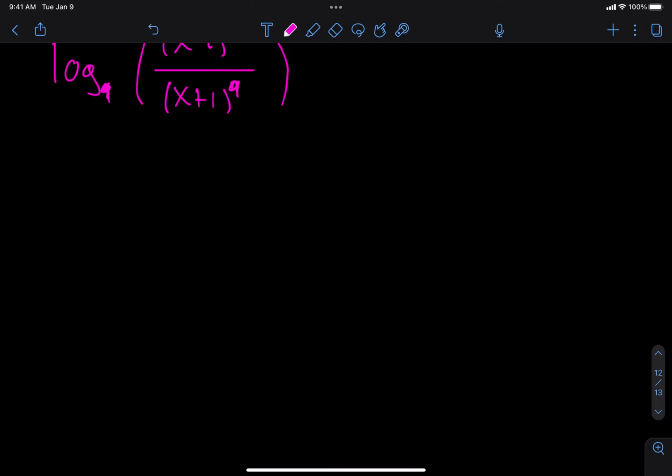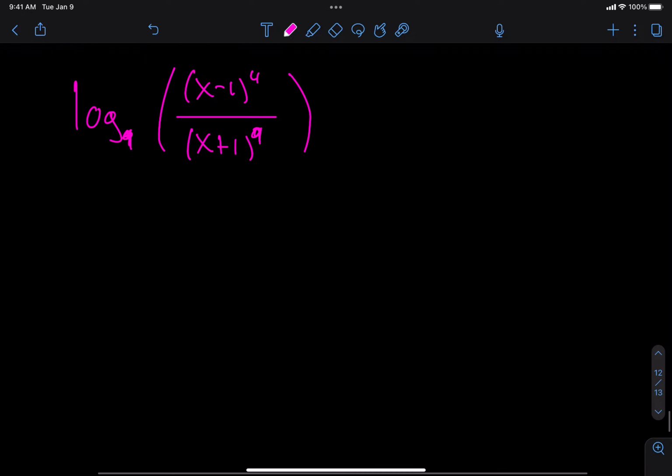All right. So this one says it's log 9 of x minus 1 to the 4th divided by x plus 1 to the 9th. Okay, let's try this one. Our goal is to expand fully.